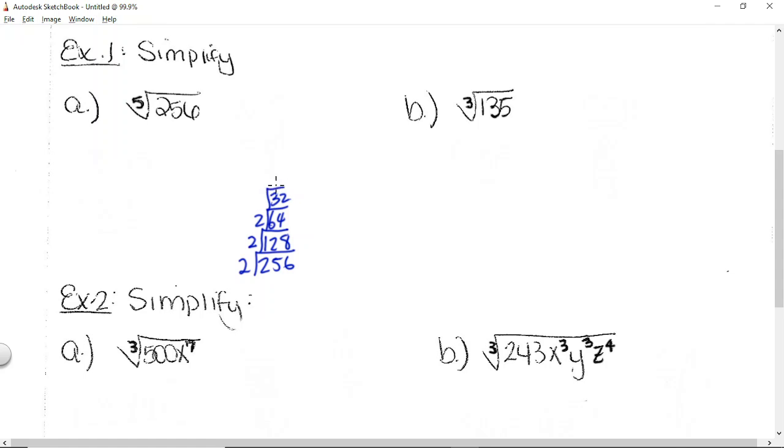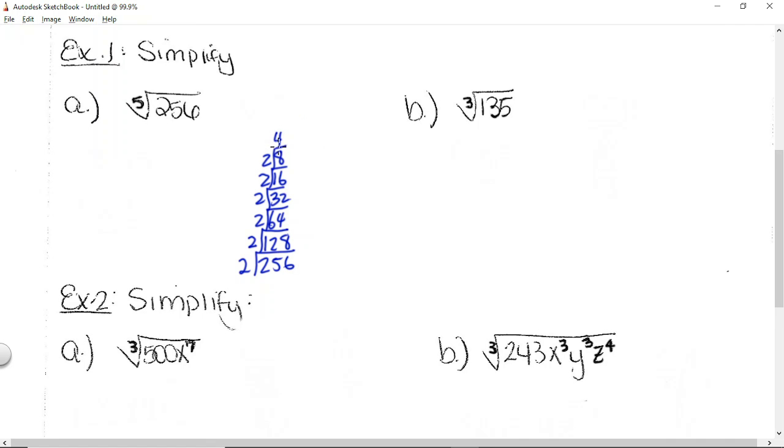And 2 goes into that, so we'll use 2 again. And then 32 divided by 2 is 16. 2 goes into that. 16 divided by 2 is 8. Okay, and 2 goes into that as well. And that gives us 4 when we divide that by 2.